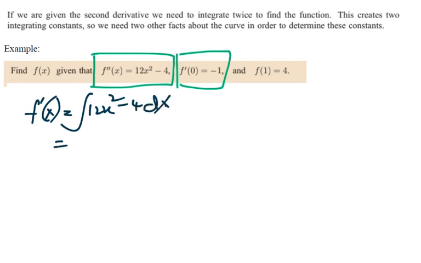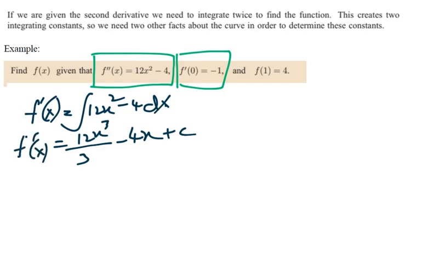We will get 12x^3/3 - 4x + c. So this is f'(x). Further simplified, you should get 4x^3 - 4x + c.